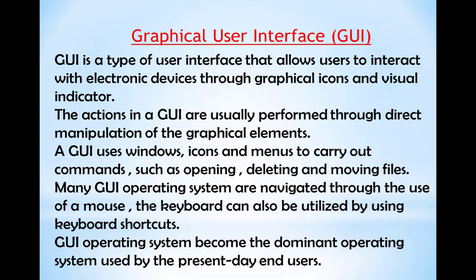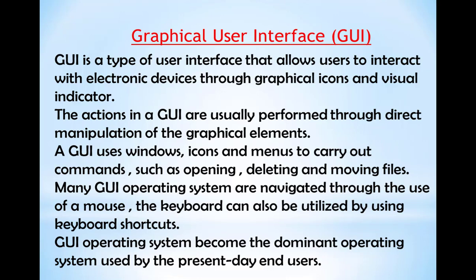The actions in a GUI are usually performed through direct manipulation of the graphical elements. Means there are so many graphical icons present, and we can just click on these icons and get our files, folders or anything.